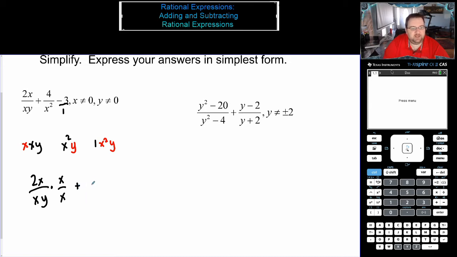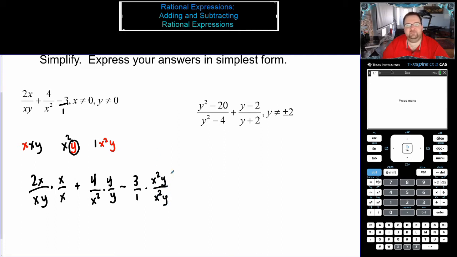This is going to be plus 4 over x squared, and what am I going to have to multiply by? A y. So I'm going to multiply by y over y. And then it's going to be minus 3 over 1. And what am I going to have to multiply by here? X squared y over x squared y.